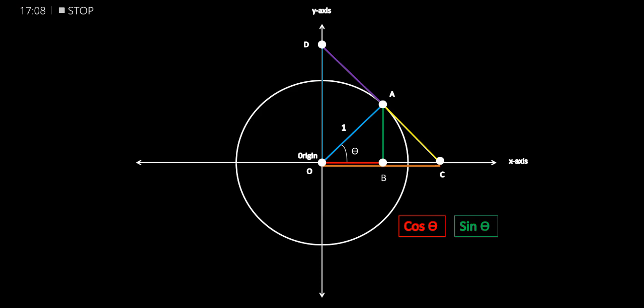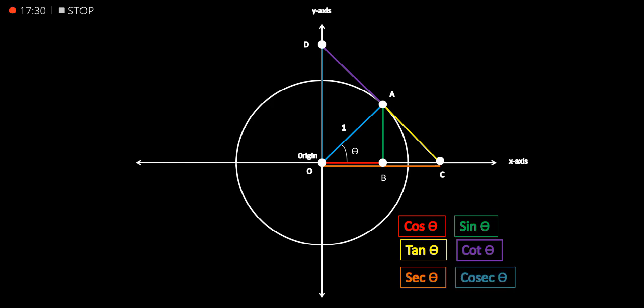The yellow line is the representative line of tan of angle. The purple line is the representative line of cot of angle. The orange line is the representative line of secant of angle. And the sea green line is the representative line of cosecant of angle.